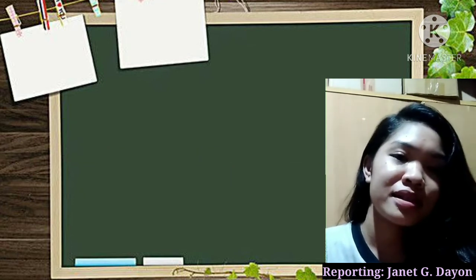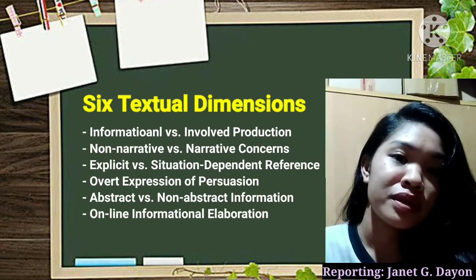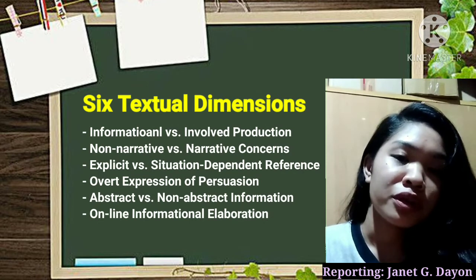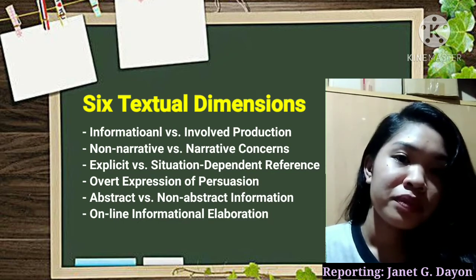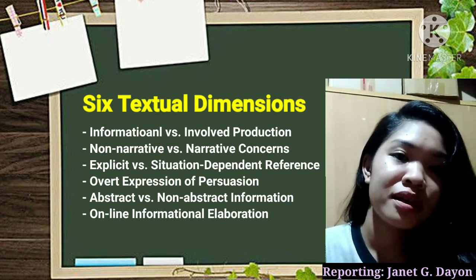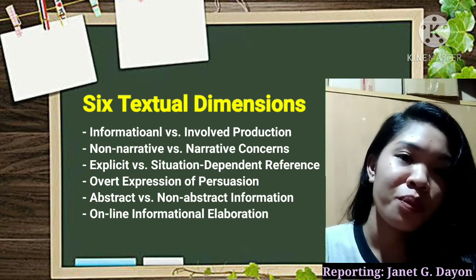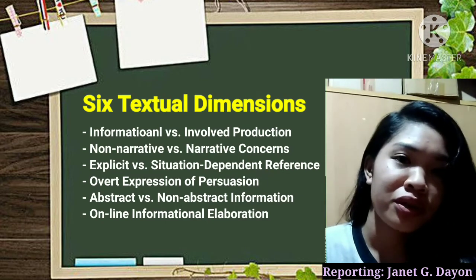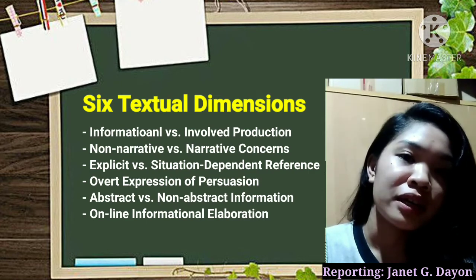This model has 6 dimensions. The first dimension is all about informational versus involved production. The second is non-narrative versus narrative concerns. The third is explicit versus situation-dependent reference. The fourth is overt expression of persuasion. The fifth is abstract versus non-abstract information. And the last one is online information elaboration.